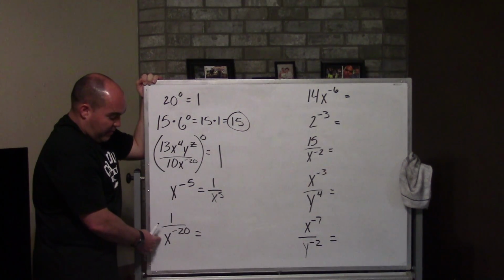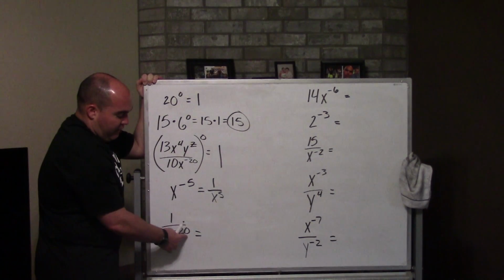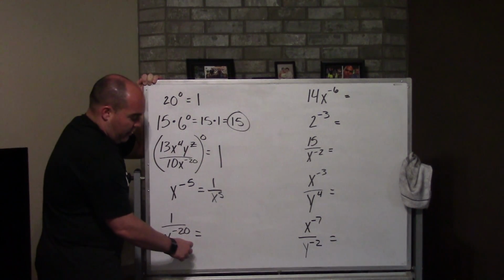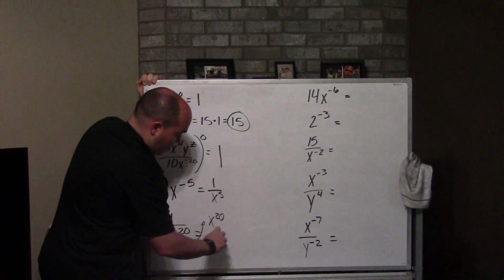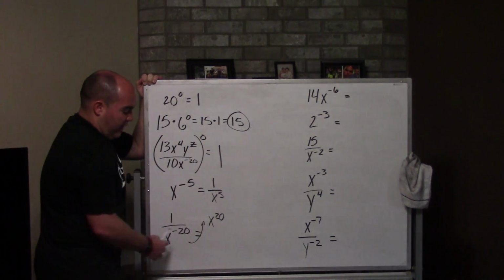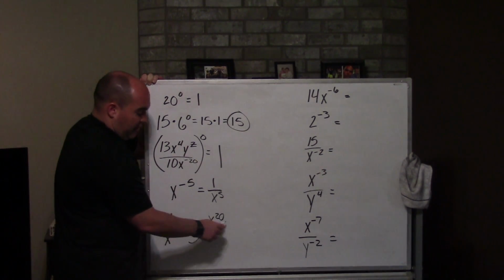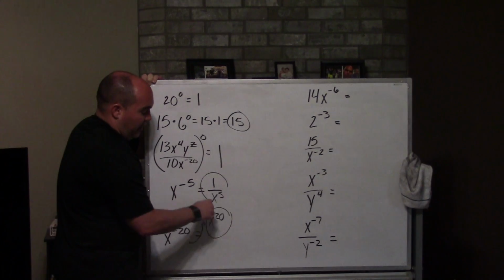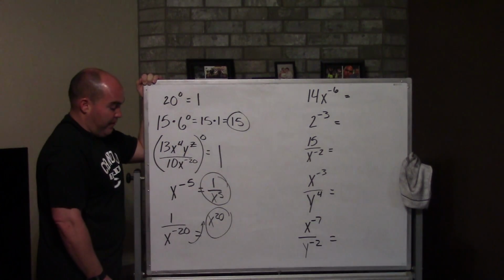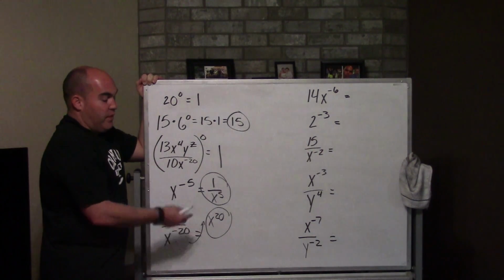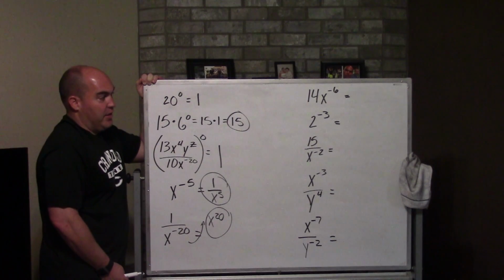If that negative exponent is already on the bottom, so it's 1 over x to the negative 20th, then we're going to move it to the top. And it's just x to the 20th. There's nothing left on the bottom, so it's just x to the 20th, and that's our answer, just like 1 over x to the 5th would be our answer there. Once you move the exponent, you just change the sign to positive, and then everything's good to go.